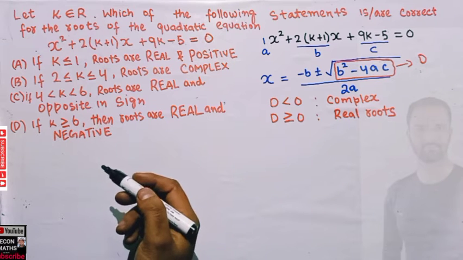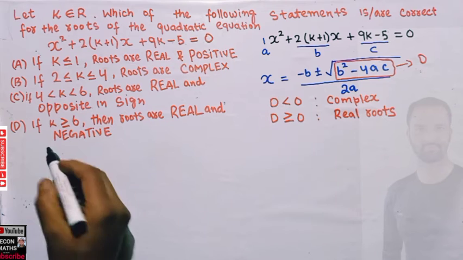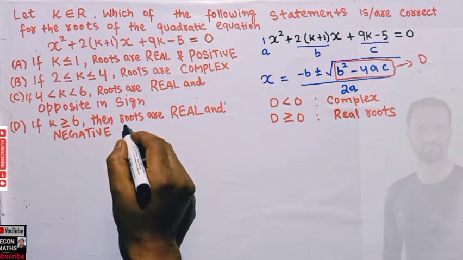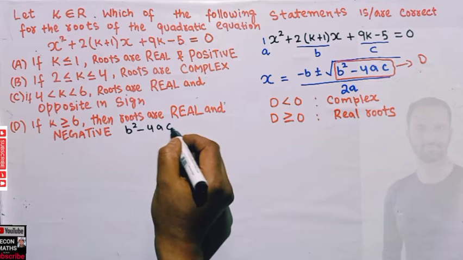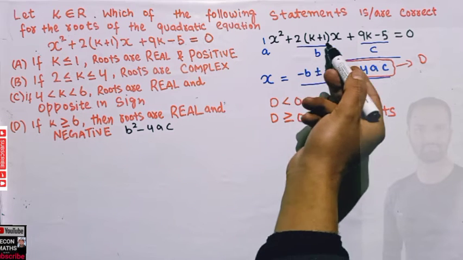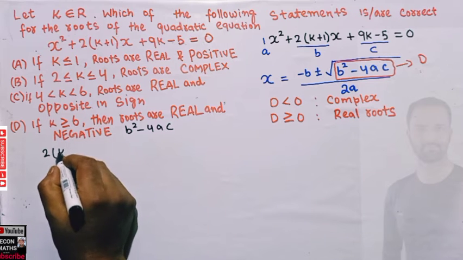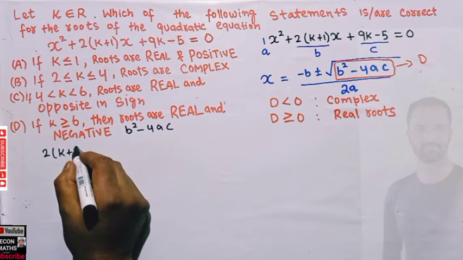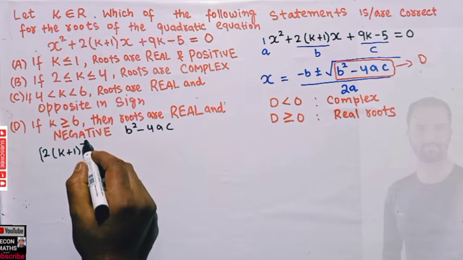So in place of b we have (2k plus 1) whole square. So we have to see b square minus 4ac, and our b is this coefficient, that is 2k plus 1, and it is squared, so let us square it here.